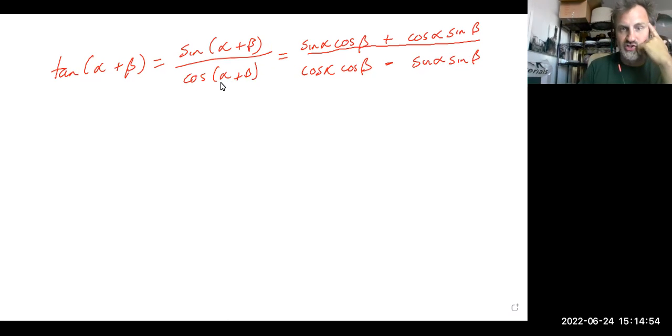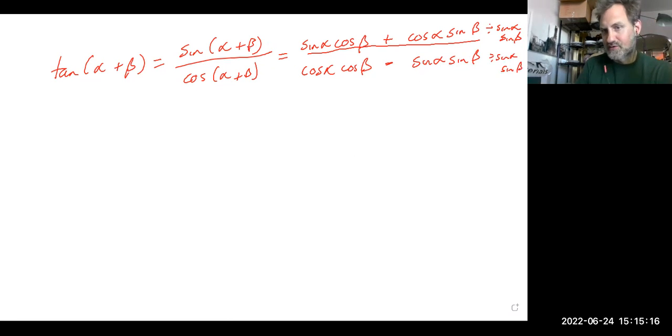So what I'll do is divide through by sine alpha, sine beta, and see what happens. I'm going to divide the top and the bottom by sine alpha, sine beta. I could also divide by cosine alpha, cosine beta, and we can see where things go.